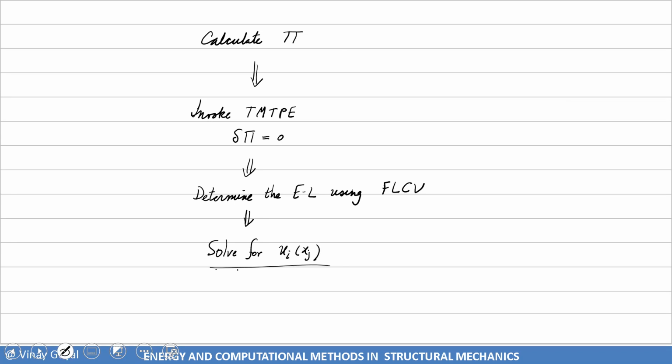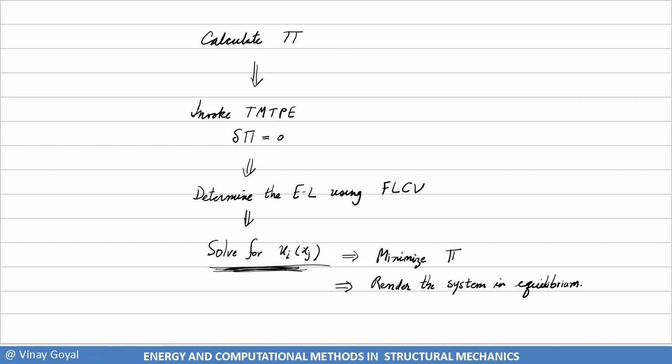And when you solve for these deflections, those deflections minimize pi. Those deflections render the system in equilibrium. And I'll show you how this idea is powerful. It's not apparent now, but it's a very powerful idea.